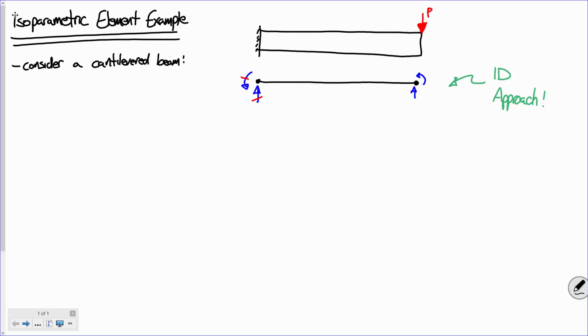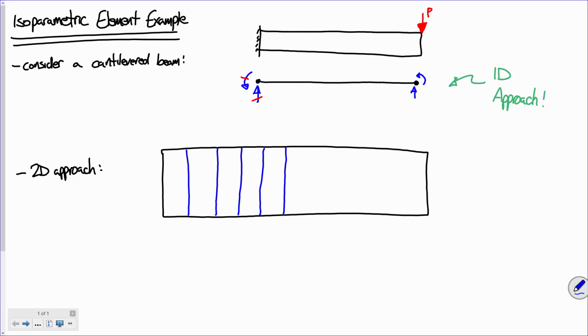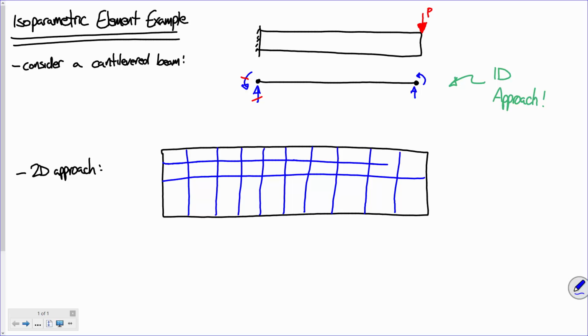A two-dimensional approach would look something like this. Draw out the region as a two-dimensional region like so. Take this region and split it up into quadrilateral two-dimensional elements, something like this. Now, if we're doing a plane stress or a plane strain element, we're not considering rotation.